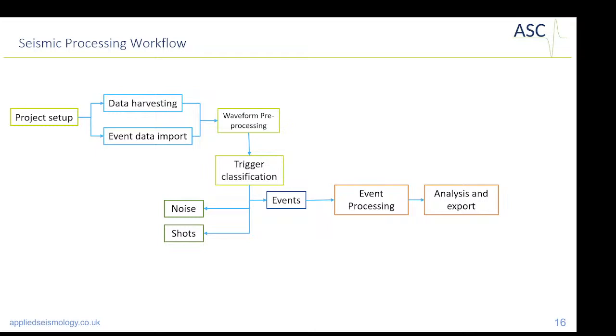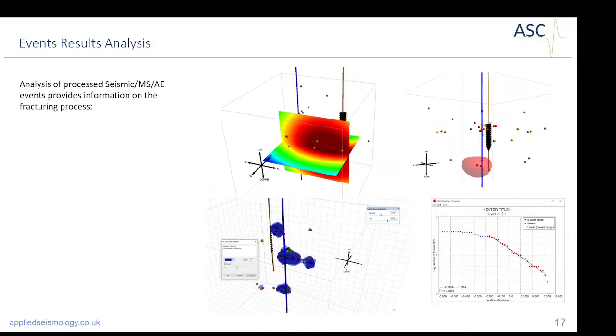Next step, once we have located our event, will be, of course, the analysis and the export of results in InSite. The results can be exported as a list, as a catalog, which has a list of events with source parameters in them, or as processed waveforms. And there's a series of analyses within InSite.